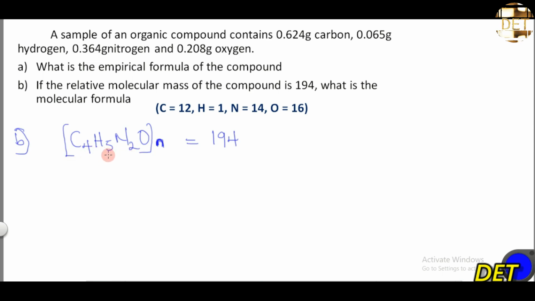So the next thing that we're going to do here is to look for the relative molecular mass of this compound, right? The relative atomic mass of carbon is 12.